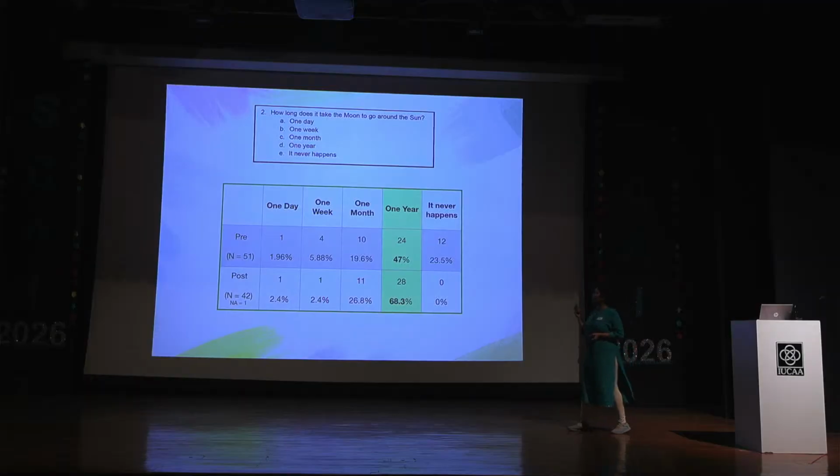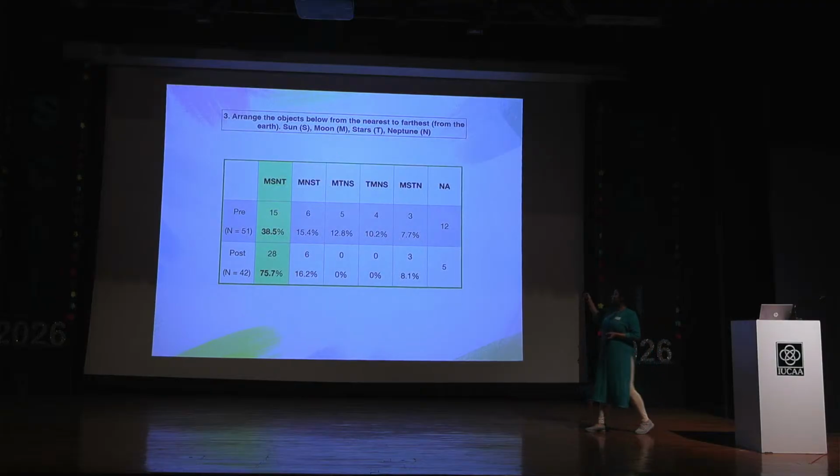Then we asked how long does it take for the moon to go around the sun? One option is that it never happens, which is also chosen by some people. You can see that 47% of people answered this correctly before the workshop, and it rose to 68%. Arrange these four objects, sun, moon, stars and Neptune, in order of distance.